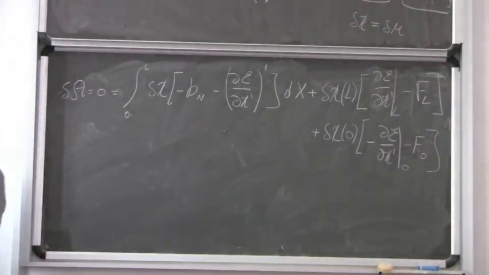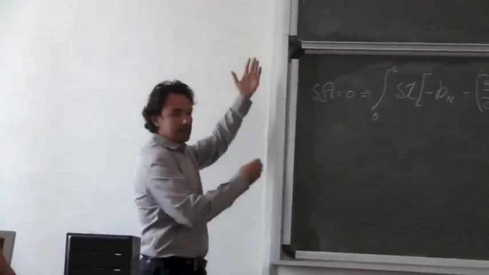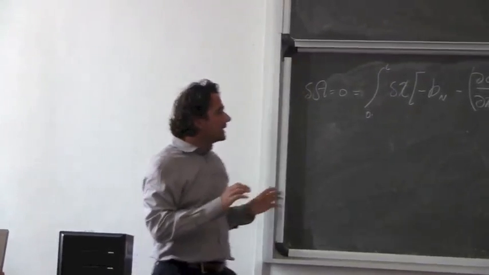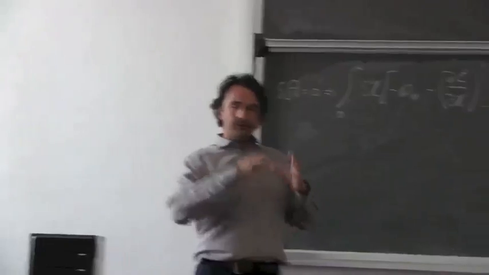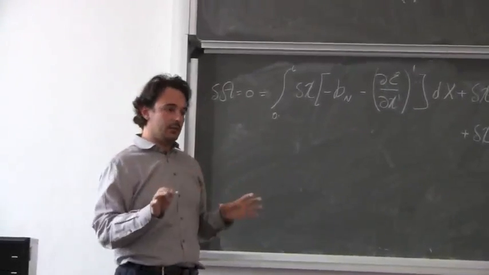This chair has a constraint at the bottom. This blackboard has a constraint at this border. That means that the displacement cannot vary arbitrarily in reality, because they have some restriction.